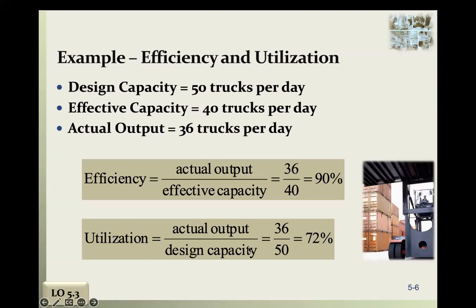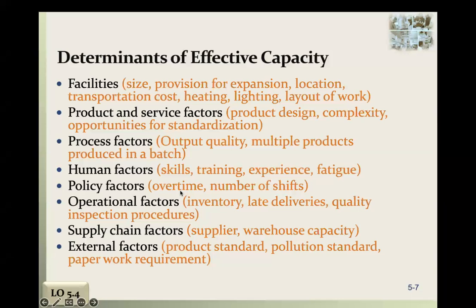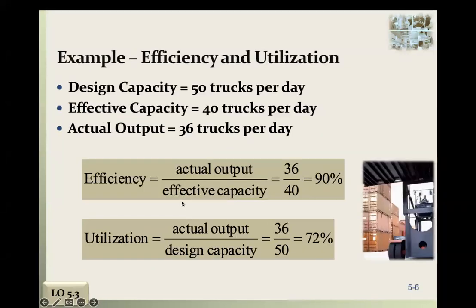In utilization we are using design capacity in the denominator, and design capacity is always highest. Therefore, when the denominator is high, you get a lower answer. But in the case of efficiency, we are using effective capacity, which is less than design capacity, and when the denominator is small, you get a higher value. So efficiency is 90% and utilization is 72%.